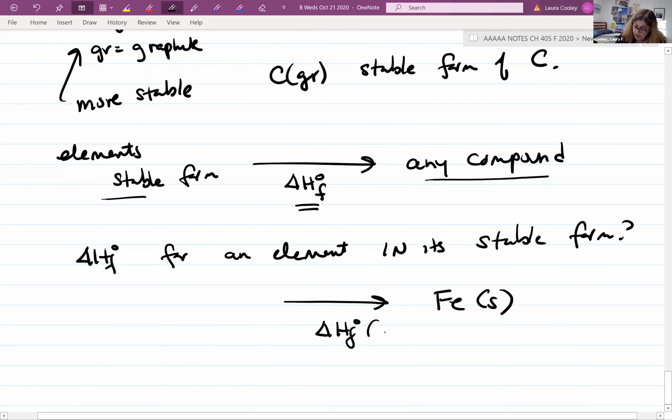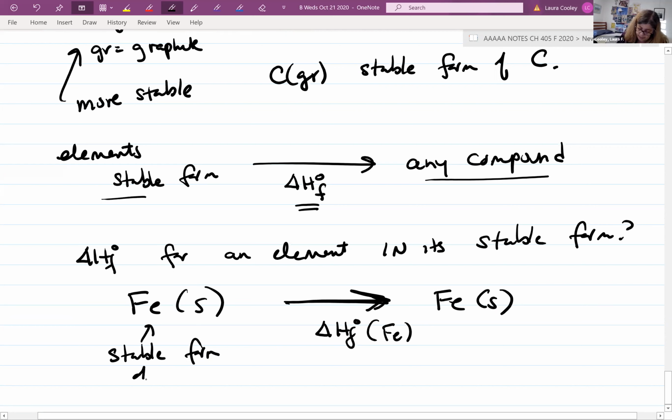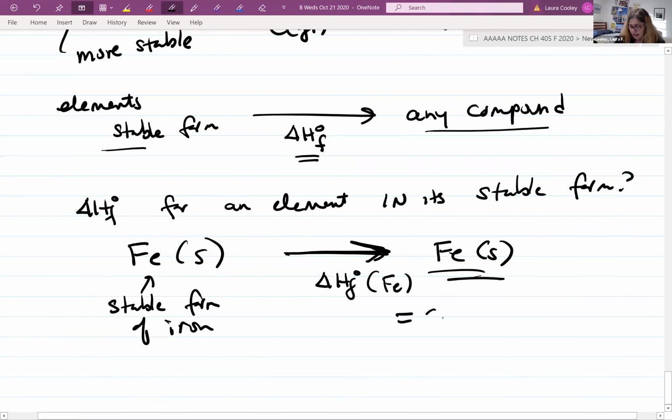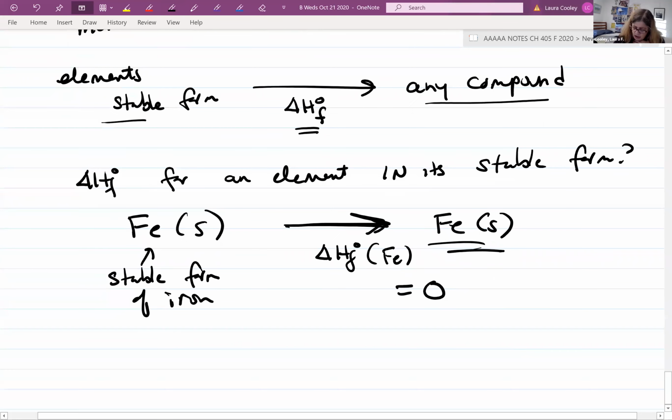The delta H_f^0 of Fe would be the delta H for the process of taking the stable form of iron to iron. And of course, that's going to be 0 because you don't do anything to the stable form of iron to get iron solid. You haven't done anything. So this is why the delta H_f^0 of elements in their stable form is always 0.